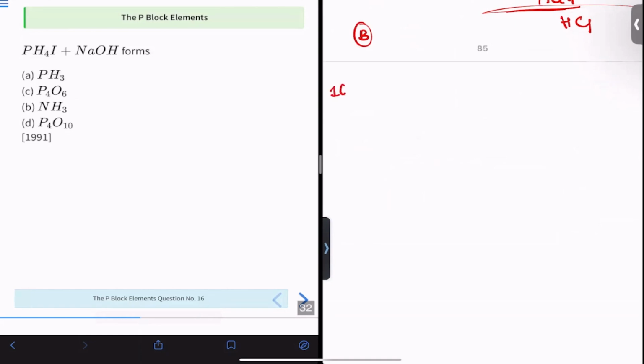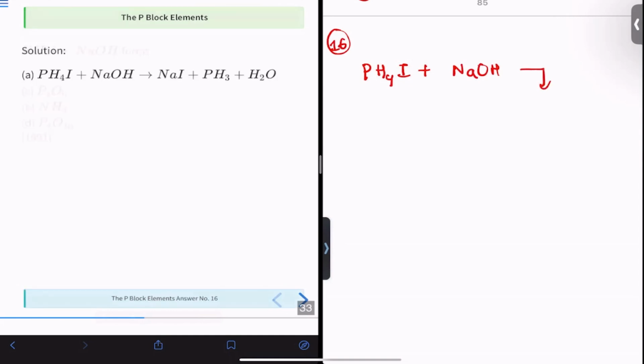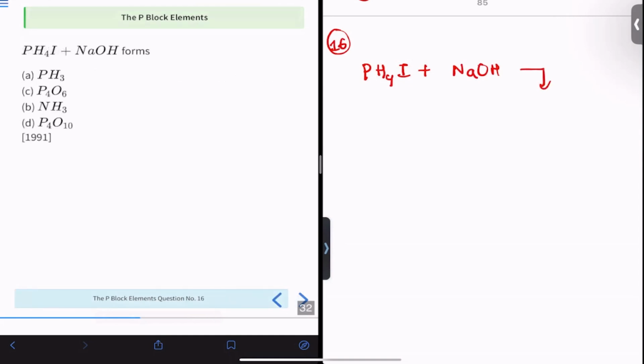Question number 16 says, when you react PH4I with sodium hydroxide, what compound will it form? When PH4I reacts with NaOH, the first product will be sodium iodide. It will also form phosphine plus water.